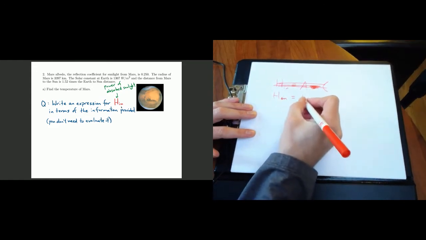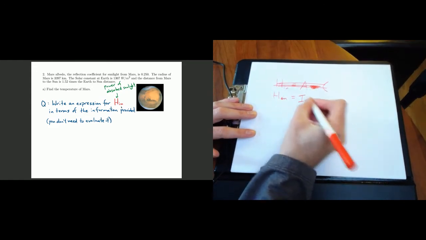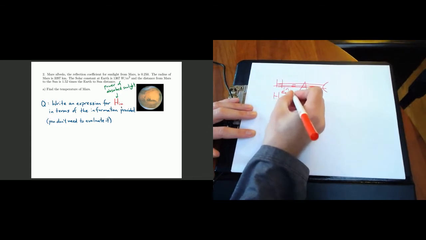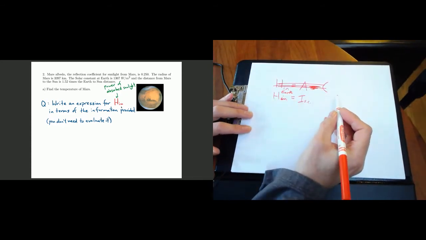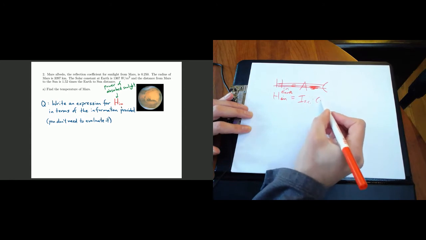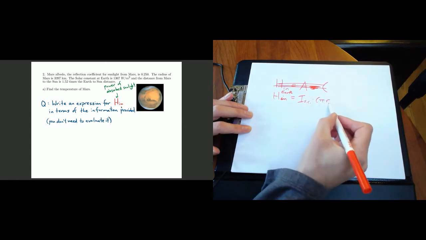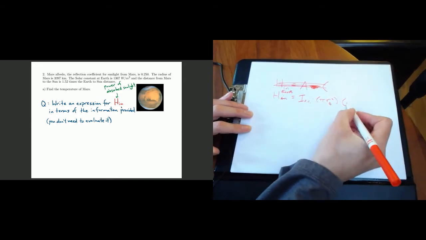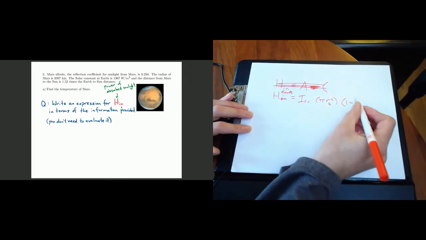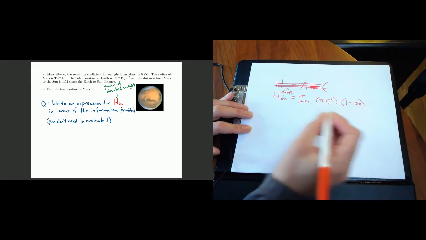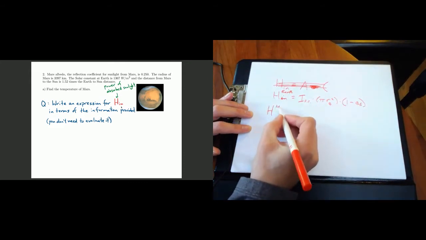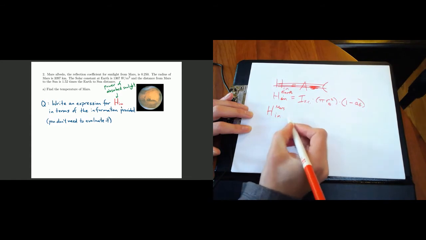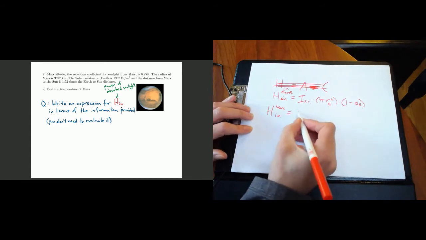So we said that was the solar constant. So this is the Earth. H in for the Earth was the solar constant times pi r squared times 1 minus the albedo of the Earth. And now we want to know what's the answer for Mars.